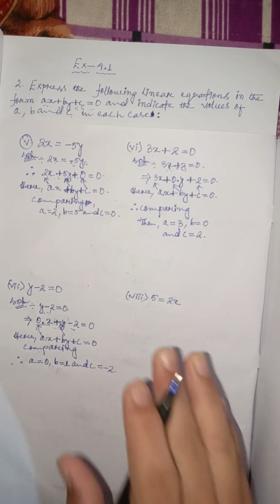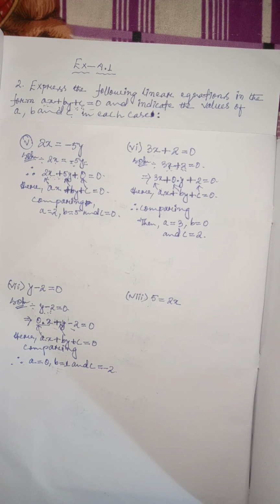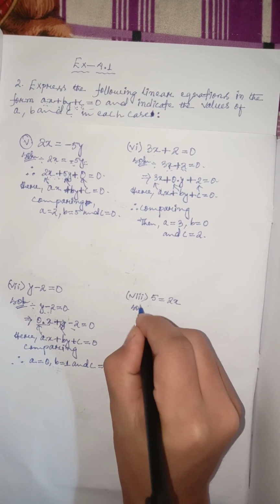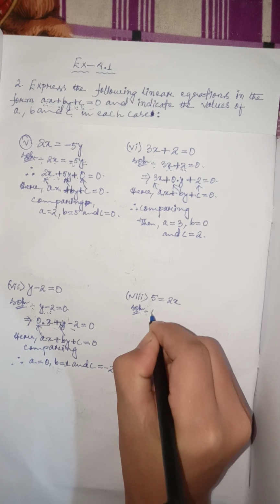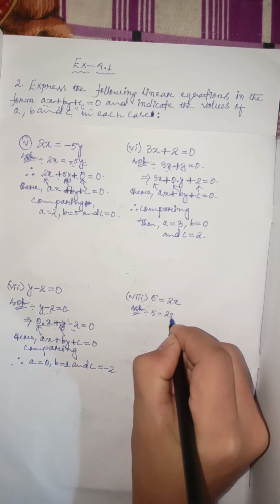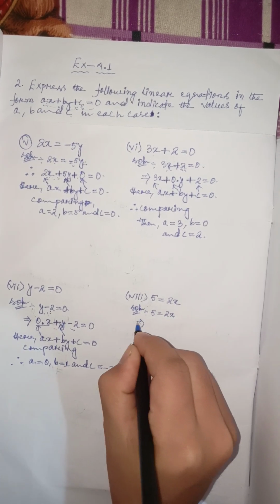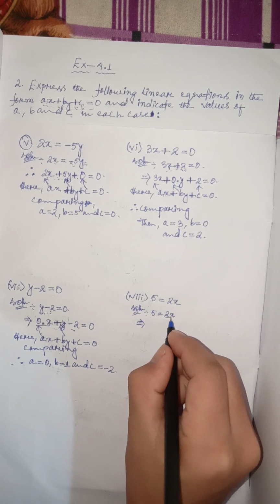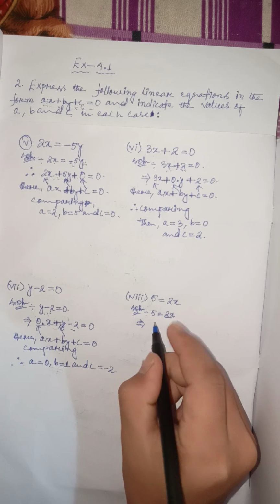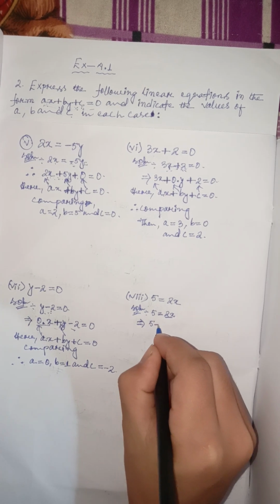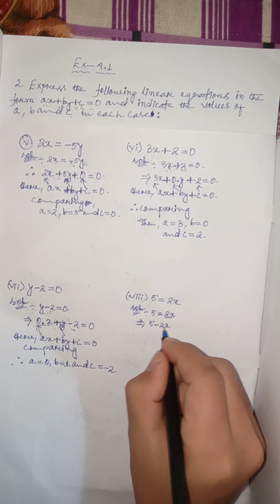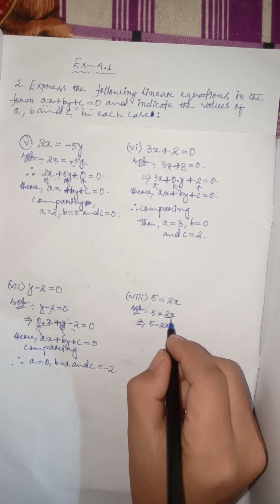If it is clear, then let us move to the next, which is Roman number 8, for the last problem today. Let us write the solution. Here we have 5 is equal to 2x, and actually we have to move this 2x to this side. If you move this 2x to this side, then it will become minus 2x. Then what is the thing that we lack in this?